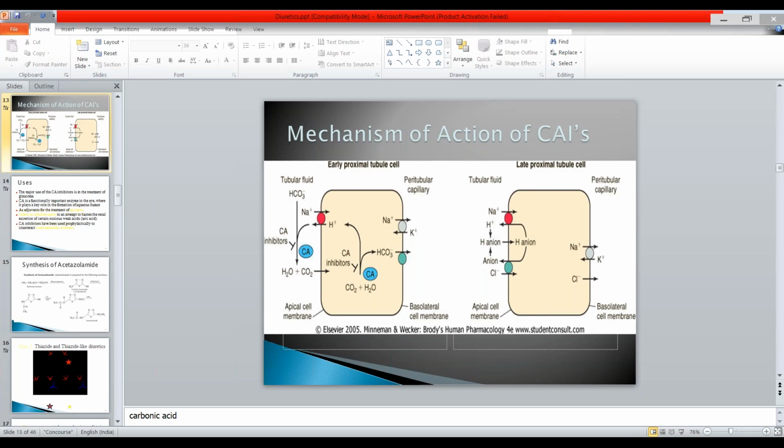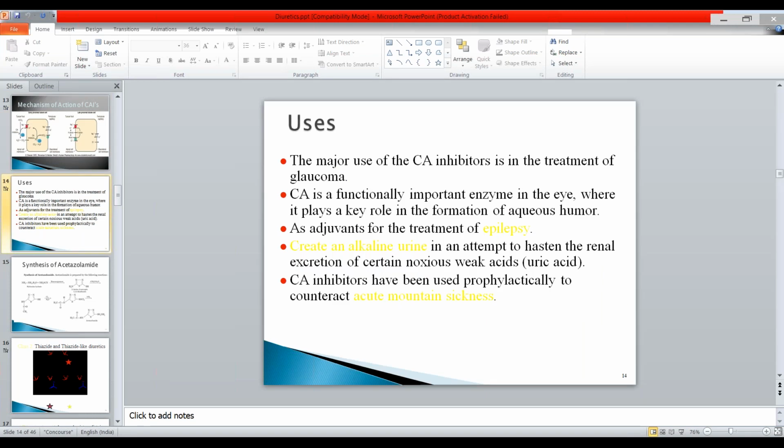Because of this diuretic activity, drugs belonging to the class of CA inhibitors are used mainly in the treatment of glaucoma. The most famous drug from this class is acetazolamide. It is also used as an adjuvant in the treatment of epilepsy.